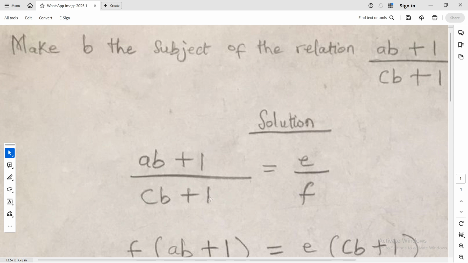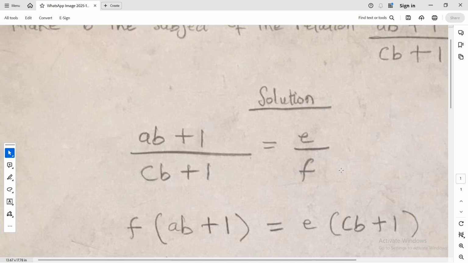And in similar trajectory, you must also multiply the denominator at the left hand side, which is CB plus 1, by the numerator on the right hand side of the equation, which is E. So we are going to have our equation to be F multiplying, in brackets, AB plus 1, equals E multiplying, in brackets, CB plus 1, right?